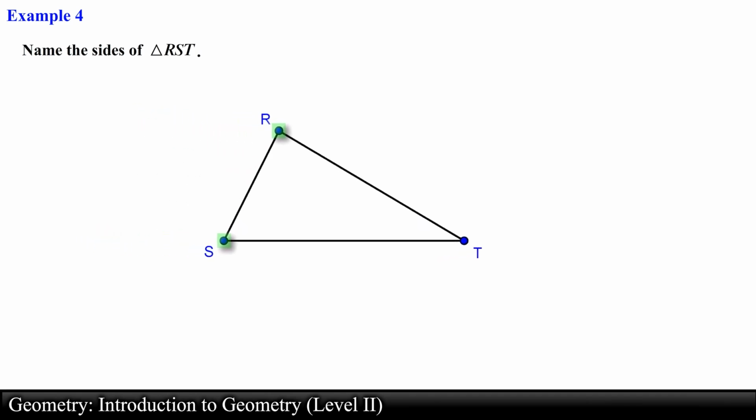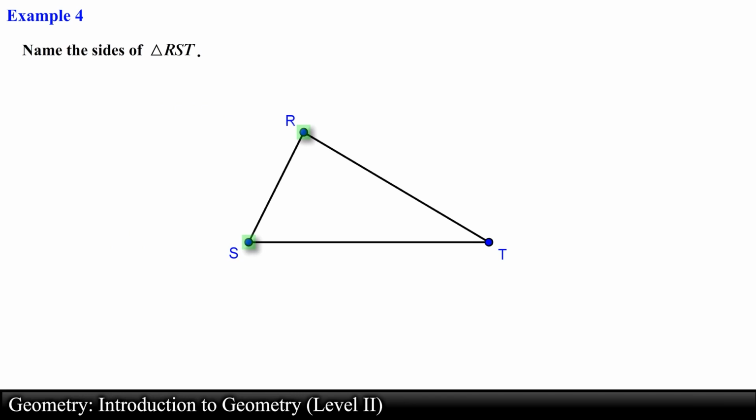The first side contains points R and S and can be named as line segment RS or line segment SR. The second side contains points S and T and can be named as line segment ST or line segment TS. And a third side contains points R and T and can be named as line segment RT or line segment TR.